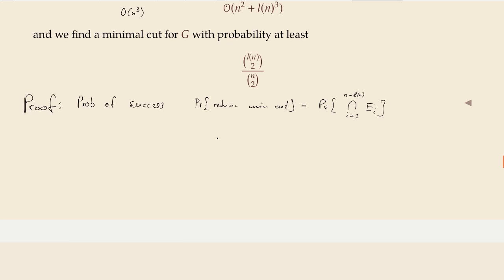And by the same arguments that we've had before, the probability for each of these events is just given by the following. It's this 1 minus 2 over n minus i plus 1. So the idea was that the graph still has a certain cut of a certain size, then it has to have a certain number of edges, otherwise we could find a better cut.